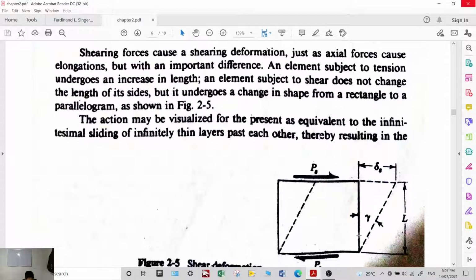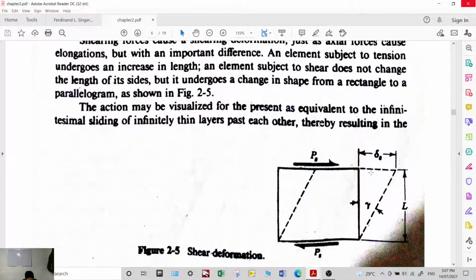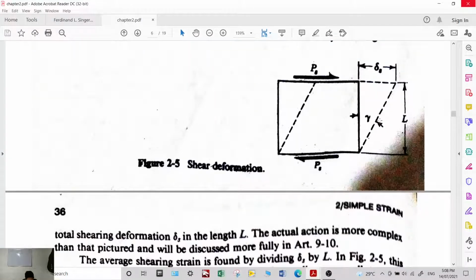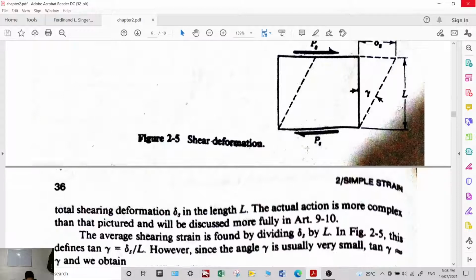Okay, so the shearing deformation is accounted for by this angle gamma. Gamma from this figure is just the inverse tangent of this shearing deformation over length, this one.